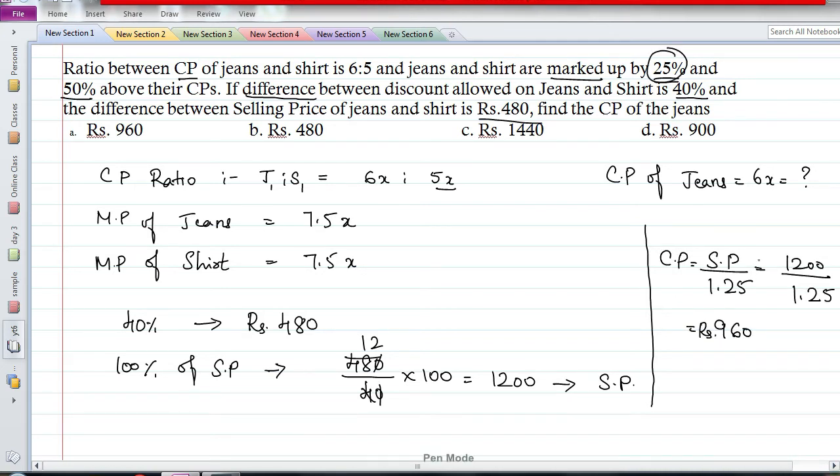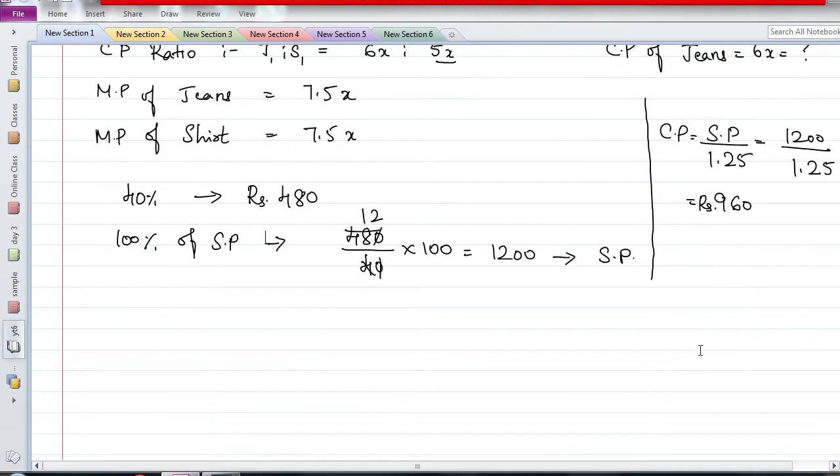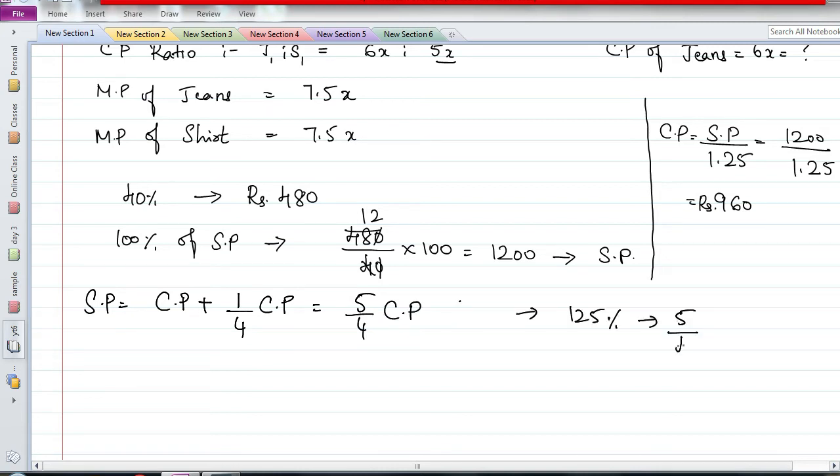To do this type of calculations, we have another method, that is using fractions. Here you see this is selling price. We have some cost price. So this is a cost price. By how much it is marked up? 25%. 25% of the cost price. This is 5/4 of cost price. So if you know this, 125% corresponds to 5/4. Okay, this is the fractional equivalent.